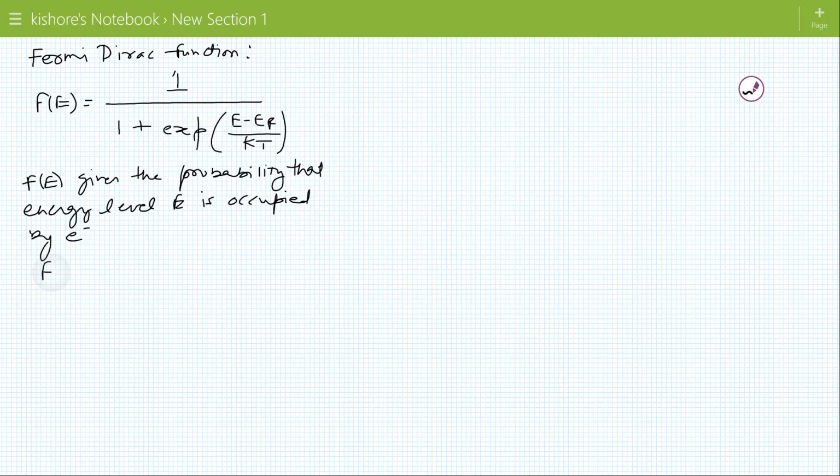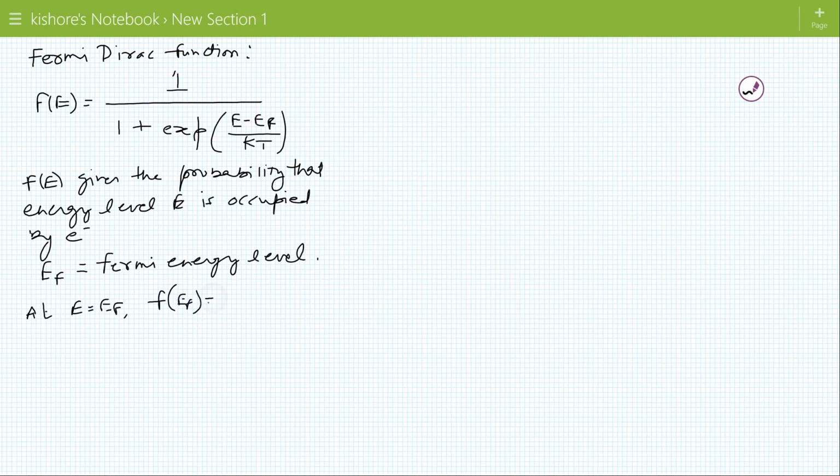and EF is called Fermi energy level. K is Boltzmann constant, T is temperature in Kelvin, and the value of this Fermi-Dirac function at Fermi energy level is 1 upon 1 plus e to the power 0, which is 1 by 2.